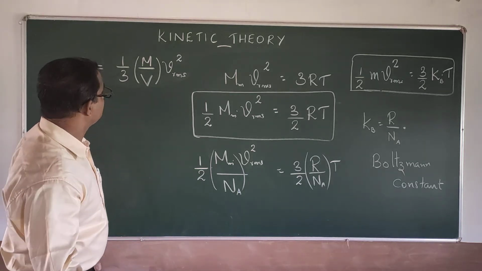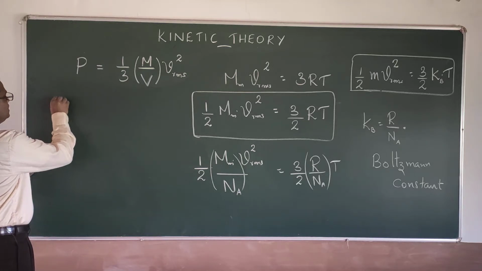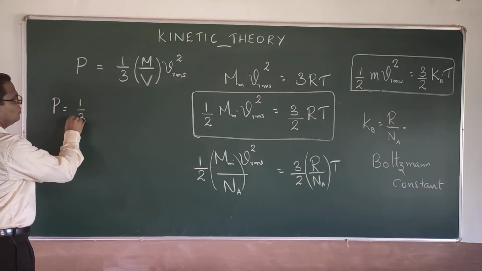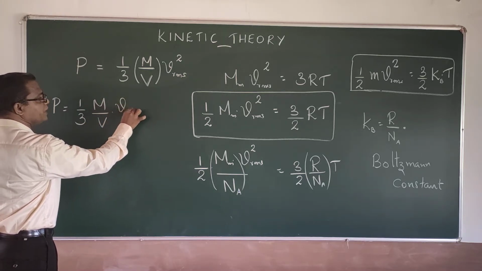Now let us see this equation, P equal to 1 by 3 m by v into Vrms square.